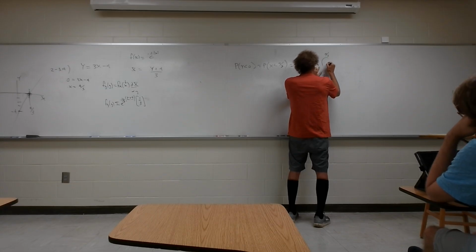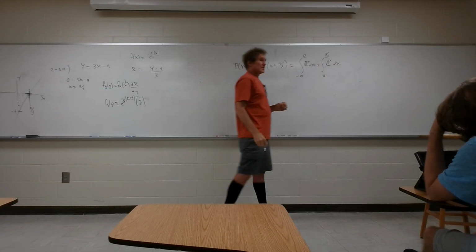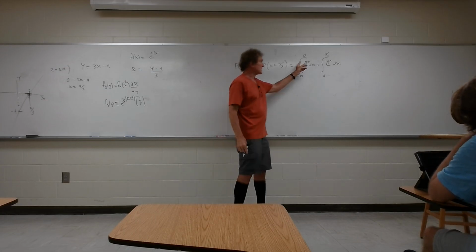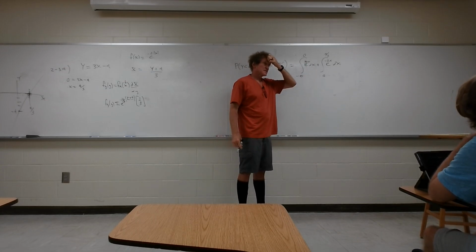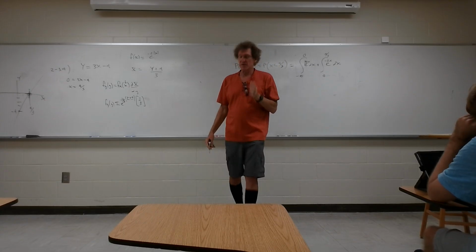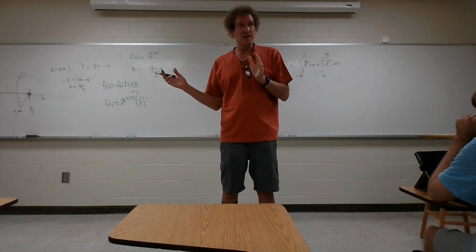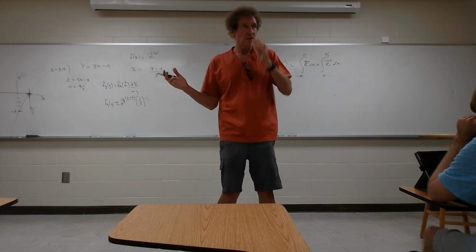And here I just put in e to the minus 2x dx. You agree with that? I have to break it up into two parts because of that absolute value sign. There's an absolute value. It's minus e to the minus 2 absolute value of x. Everybody agree with that? Why'd you take out the minus 2 on the first one again?